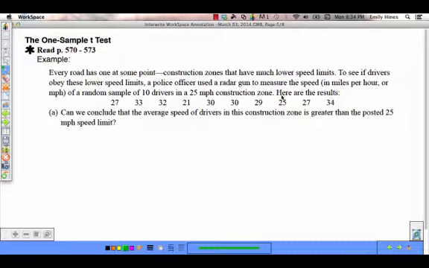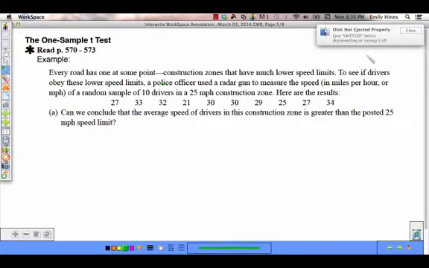So can we conclude that the average speed of drivers in this construction zone is greater than the posted 25 mile per hour speed limit? Okay, so we have a sample here of data, and the question is, can we conclude that the average speed of drivers in this construction zone is greater than the posted 25 miles per hour speed limit?